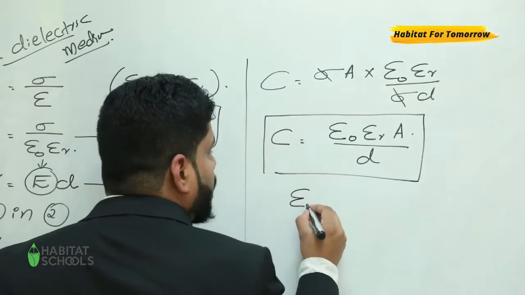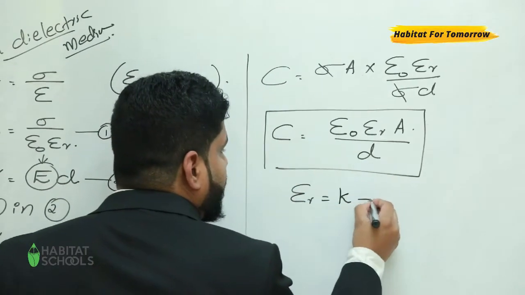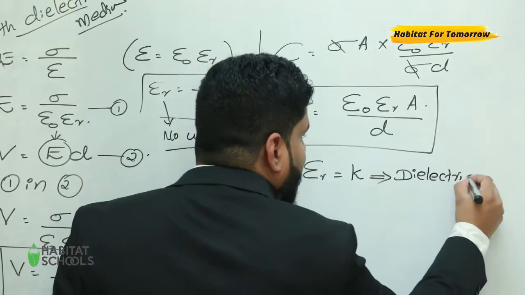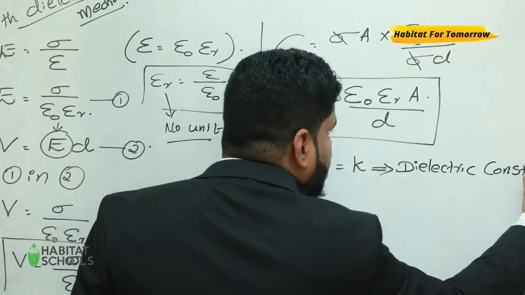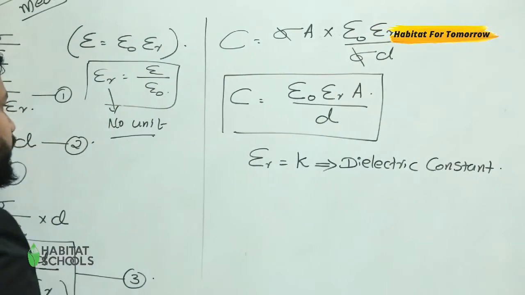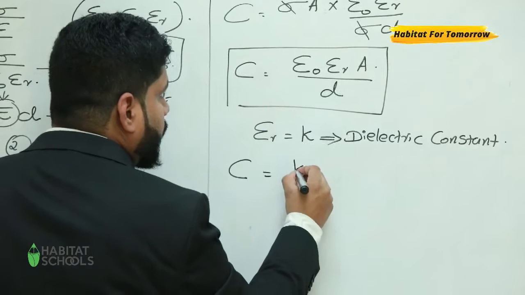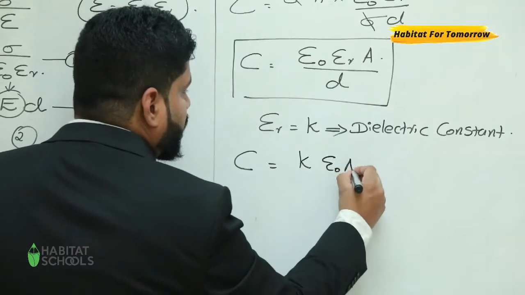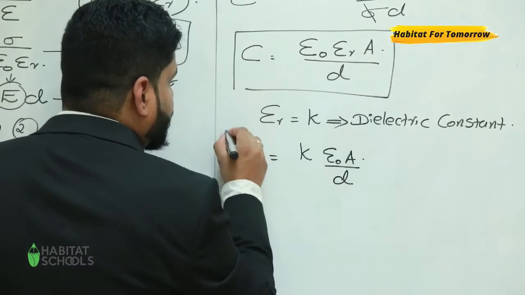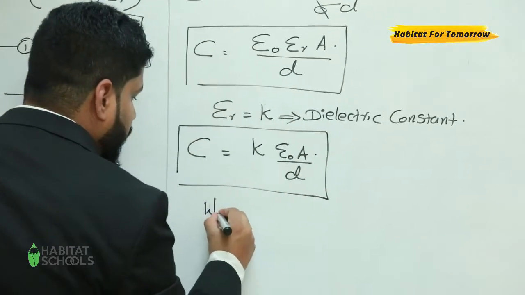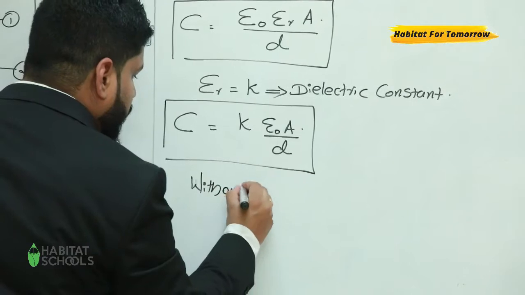So instead of epsilon r you can write K. This is called dielectric constant. So with the medium you can write C is equal to K into epsilon 0 A by D. And next is without dielectric.